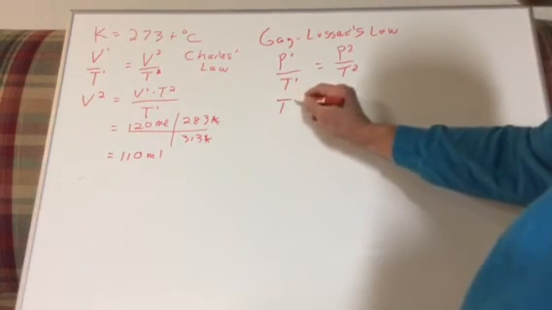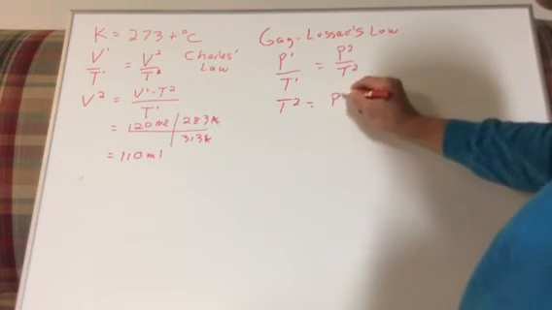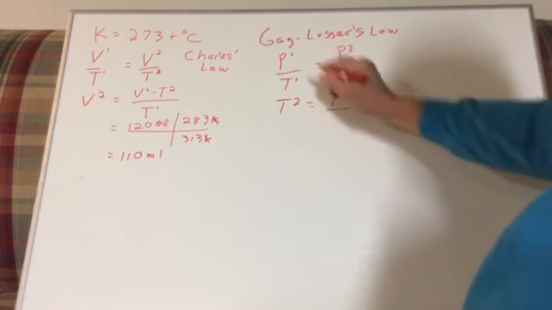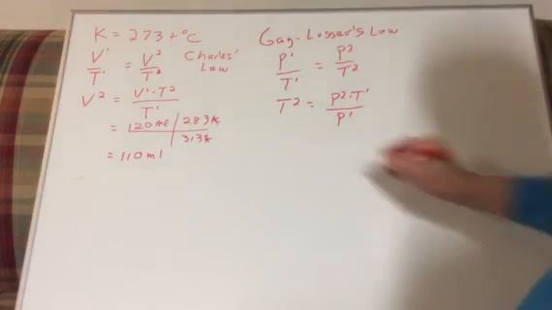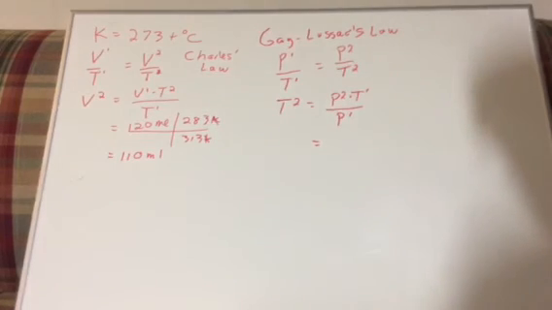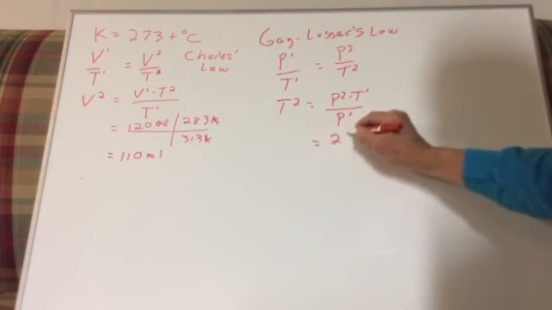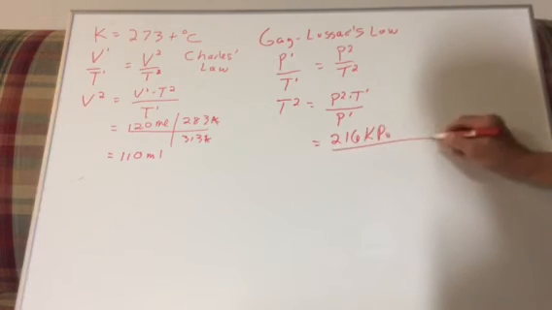So you have T2 equals P2 times T1 divided by P1. And then you plug your numbers in. The next pressure, the second pressure, is 216 kilopascals.